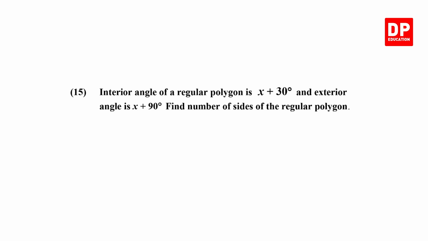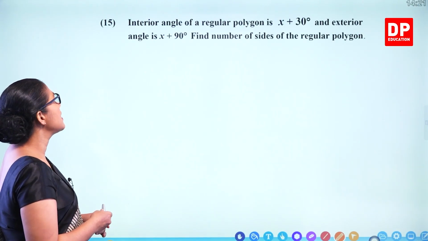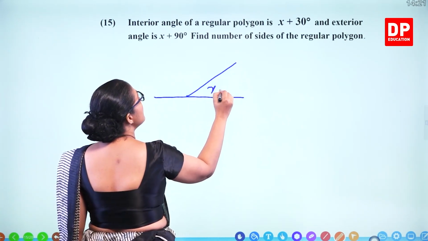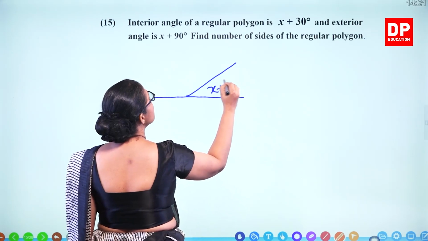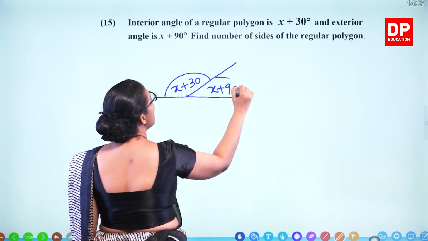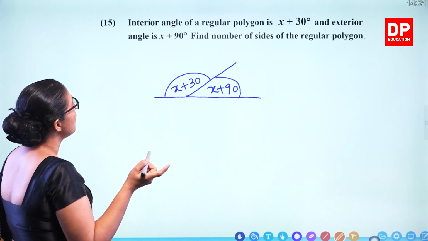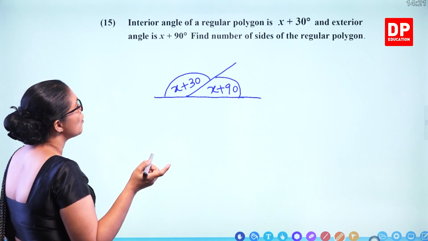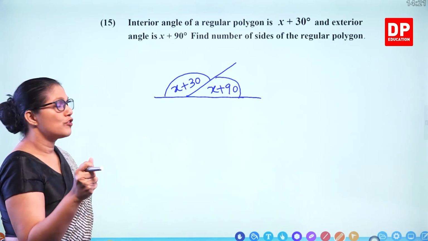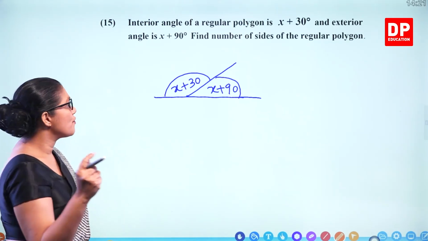Question number 15. Interior angle of a regular polygon is x plus 30 and exterior angle is x plus 90. You know, when this is exterior plus interior, the sum is 180. That's a straight line. So you can find the number of sides of the regular polygon by finding the exterior angle. 360 divided by exterior angle gives the number of sides.